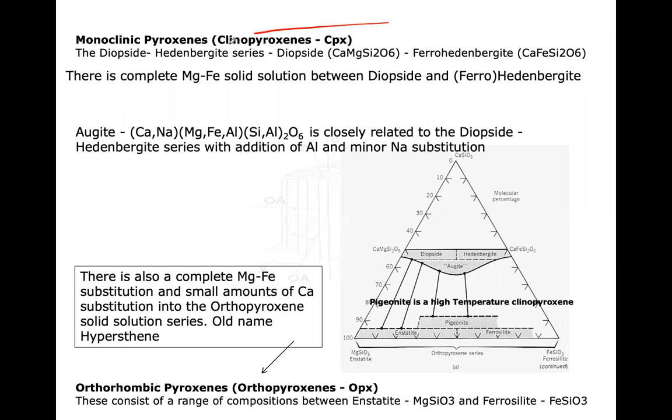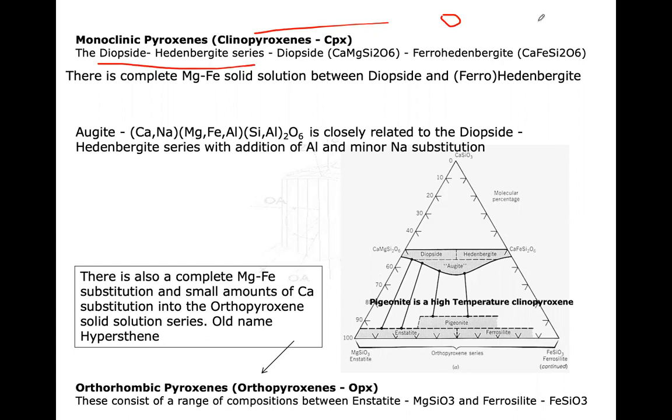Clinopyroxenes. And we have a series of these minerals, a family, right? So we call it the diopside-Hedenbergite series. So one side is diopside and the other side is Hedenbergite. So two compositions. These are compositional end members. I think I mentioned end members in the last lectures, which I referred to as solid solution, right?